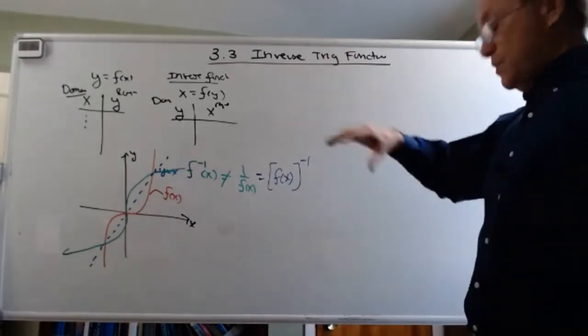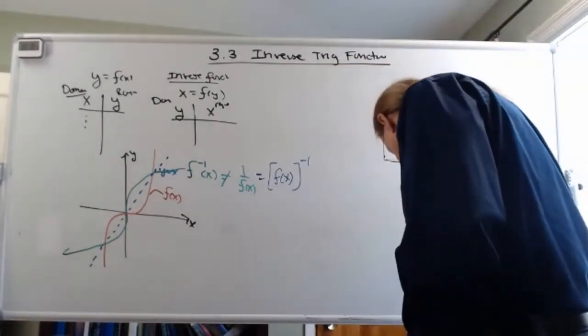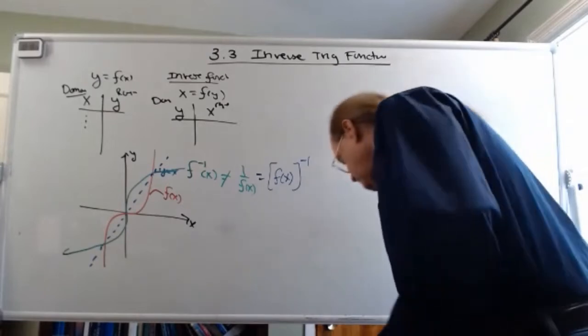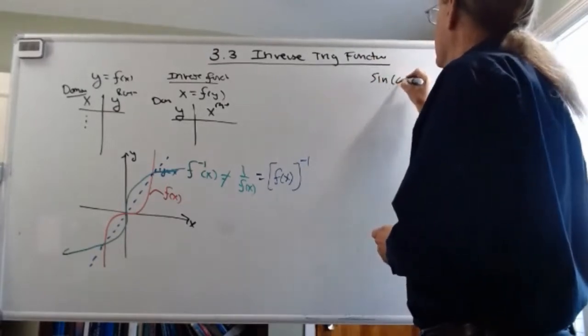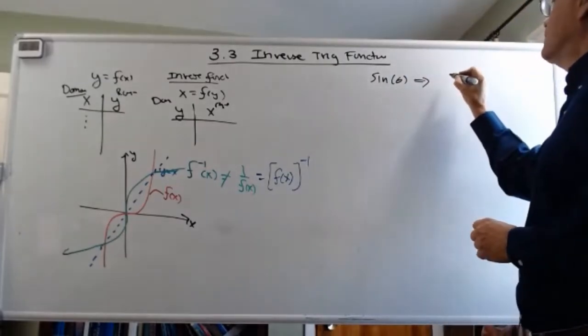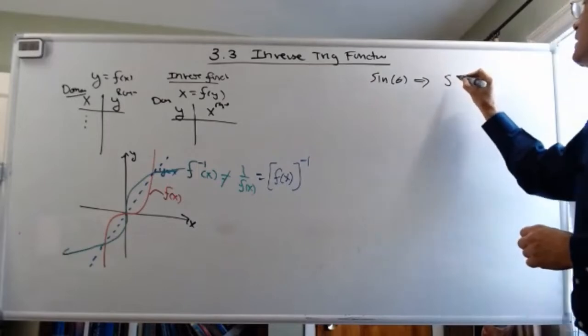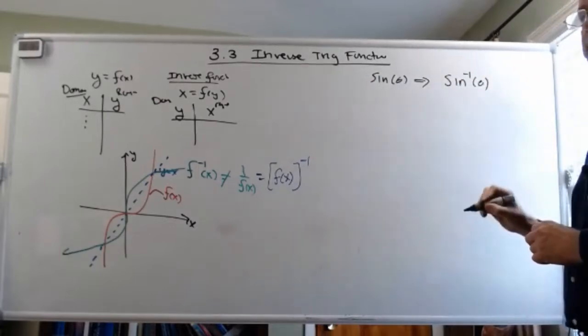Okay, so we have our sine function. Does it have an inverse? Remember, it has to satisfy that property. So let's take a look at the sine function now. Sine of theta. What does the inverse function of that look like? And I'm going to write it this way: sine inverse of theta.